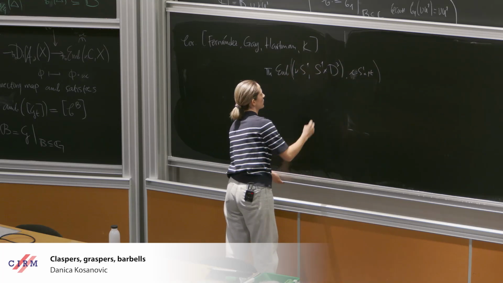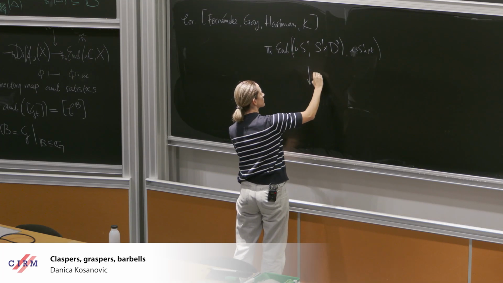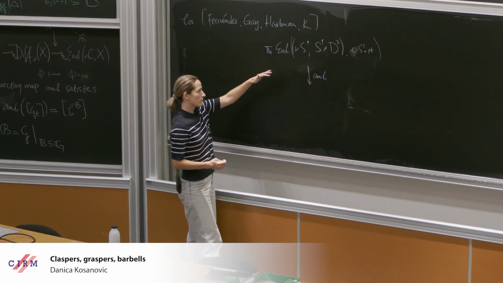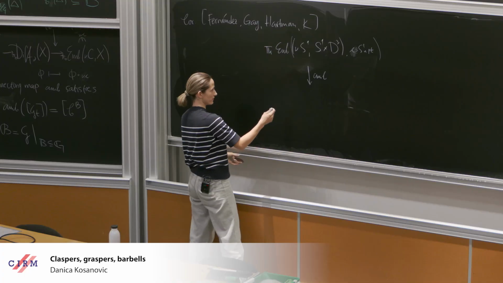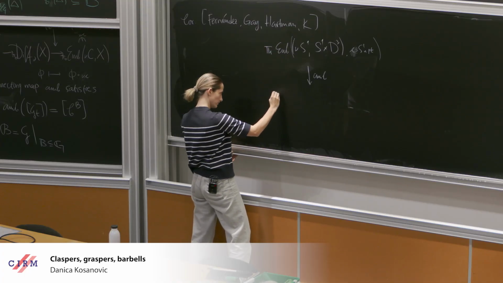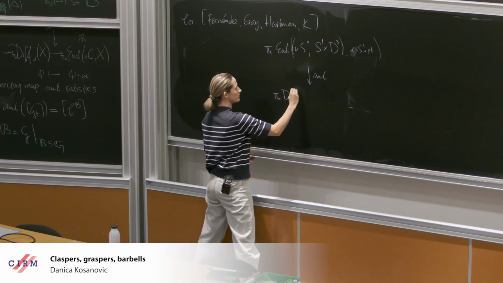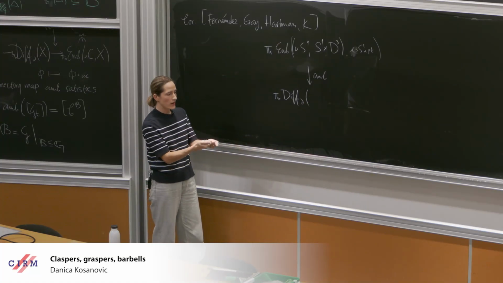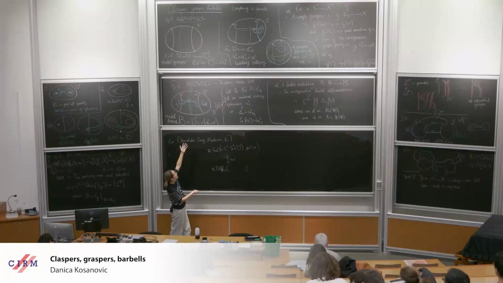then you can apply your AMP map. So ambiently extend your loop to a path of diffeomorphisms and take the time 1 of that path. You get into diffeomorphisms. Similar to barbells, you remove the thing on which your diffeomorphism is constant.